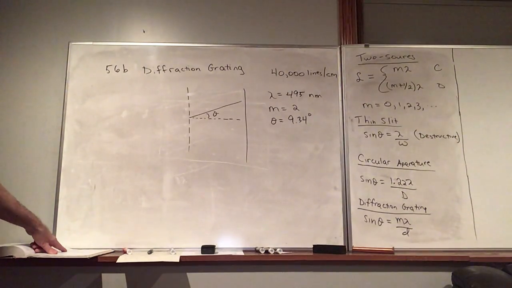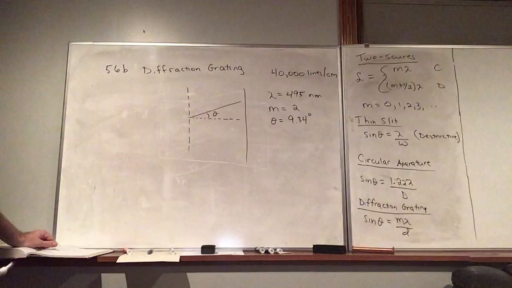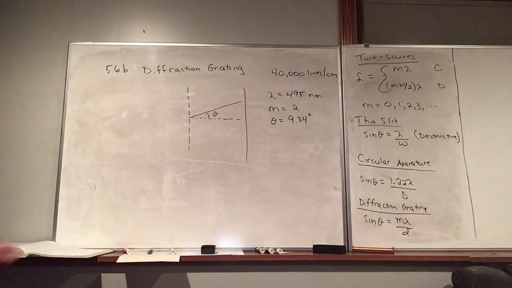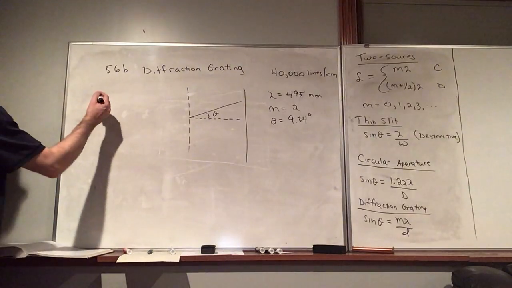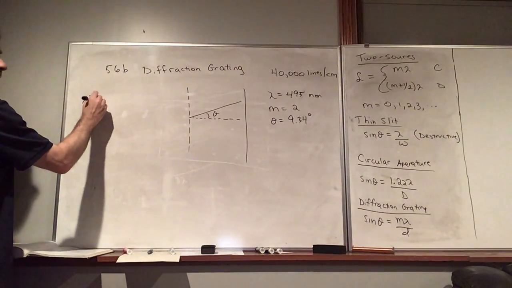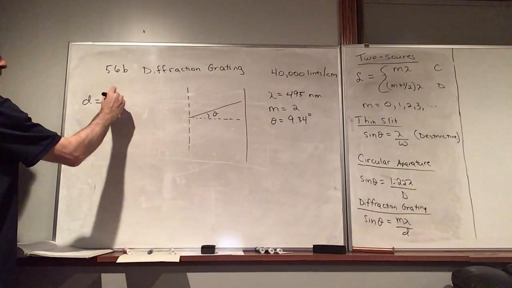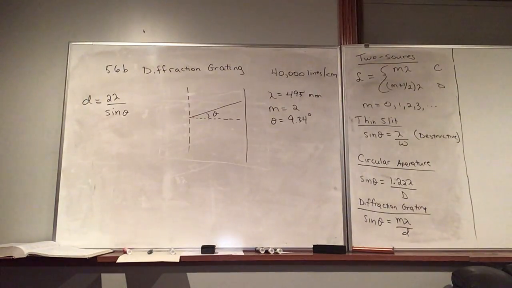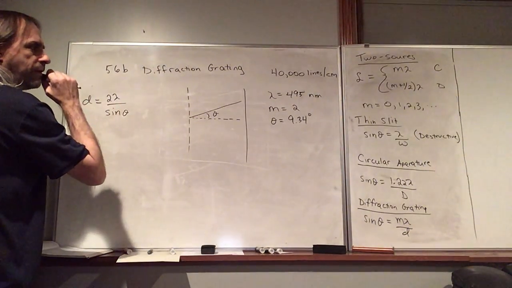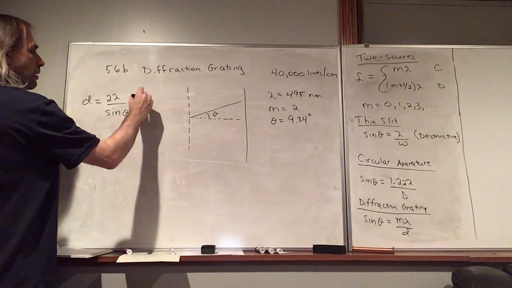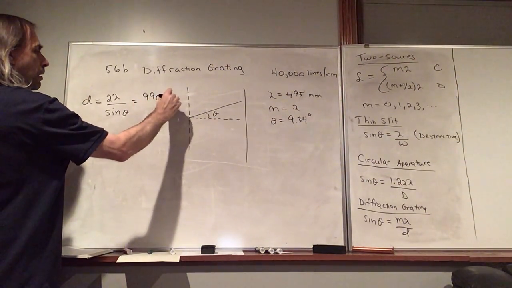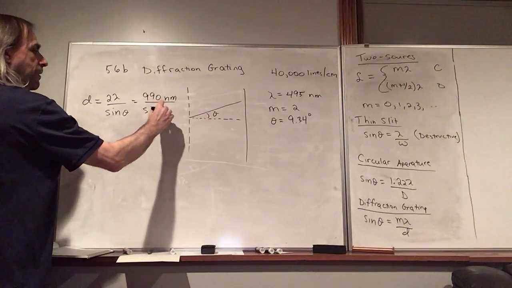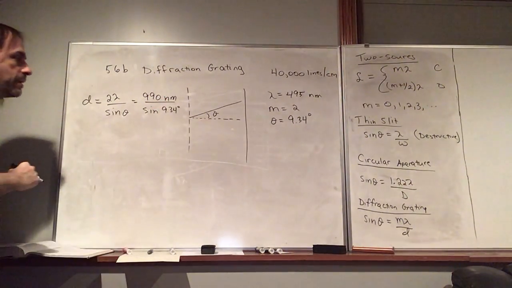So basically, we want to figure out the separation between two adjacent slits. That's what d is. So let's solve this for d. We have d equals 2 lambda divided by sine of theta. So 2 lambda, 495 times 2, that would be 990 nanometers, divided by the sine of 9.34 degrees.